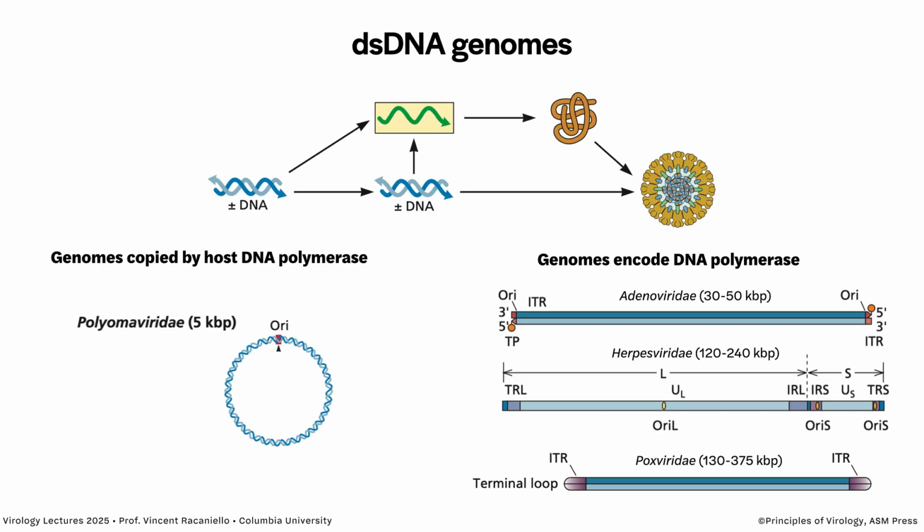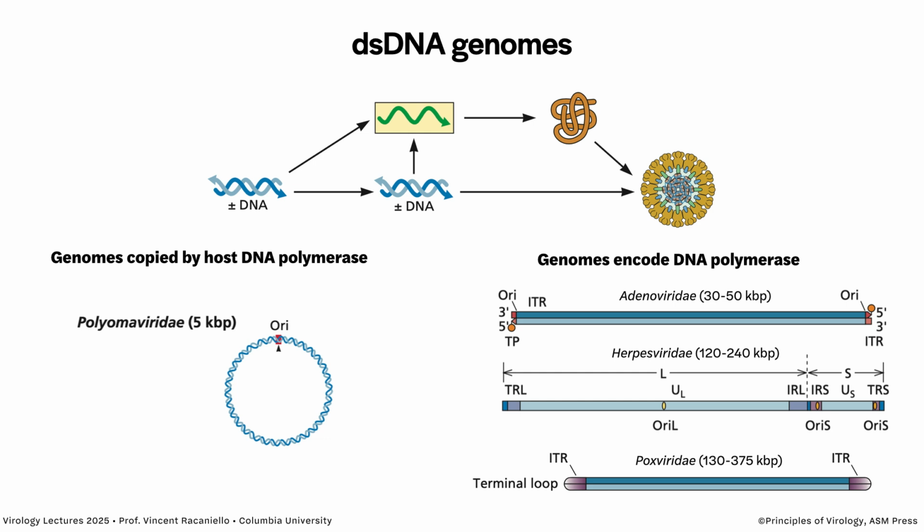But I wanted to show you some DNA virus genomes as examples. So here are two classes of double-stranded DNA virus genomes. Remember, in the Baltimore scheme, this double-stranded DNA can be transcribed into mRNA, and you can make protein from that and more virus particles. One class is shown on the left.